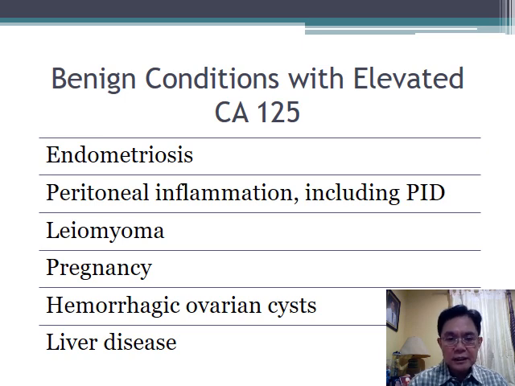Hemorrhagic ovarian cyst also has an elevated CA125. And even your liver disease can have an elevated CA125. So in endometriosis, PID, myoma and pregnancy, or even your hemorrhagic ovarian cyst, they are common among premenopausal women. So they are rarely found in postmenopausal women.